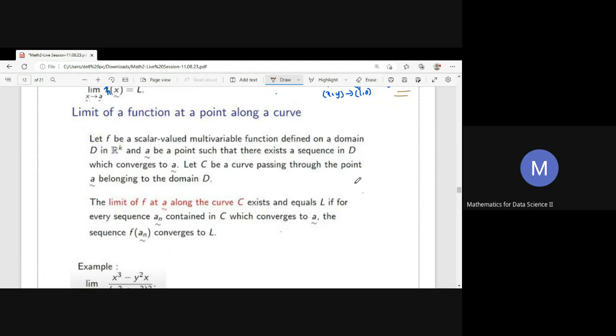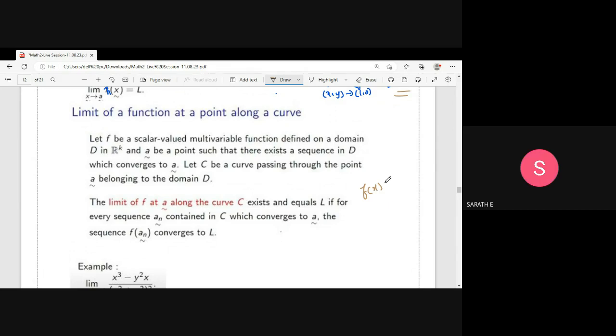So for example, for simple functions, let us say you have a function f of x. When do you say that this f of x does not have a limit?